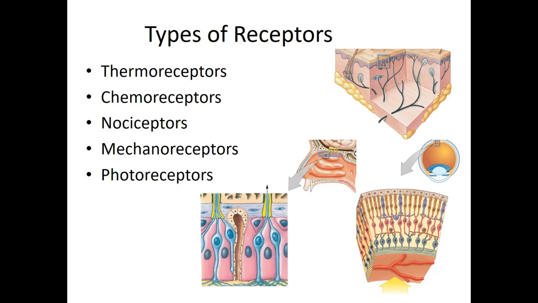So anybody remember one of the neurotransmitters that's important? Yep, substance P. That's one of the major chemicals binding to the substance P receptor, sending pain information, right? Okay.